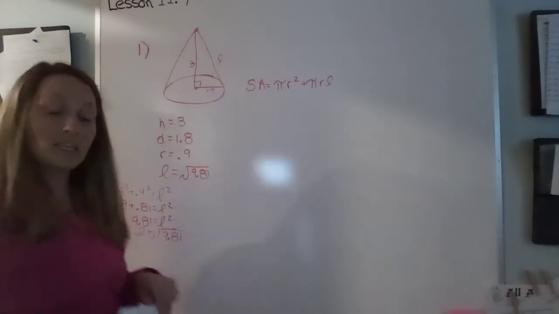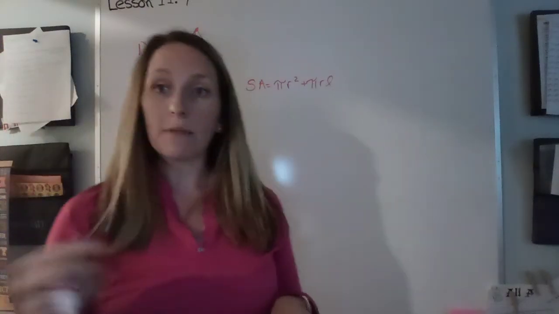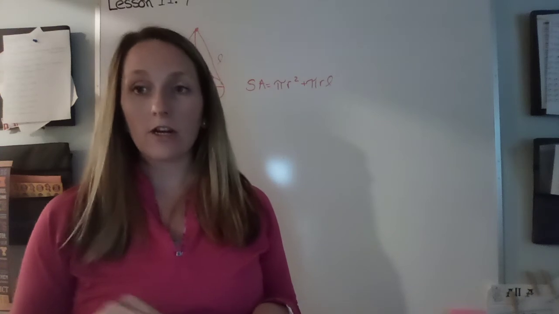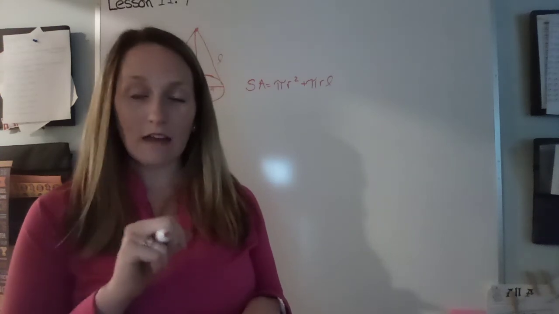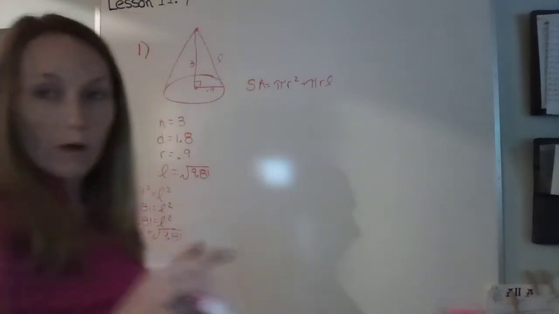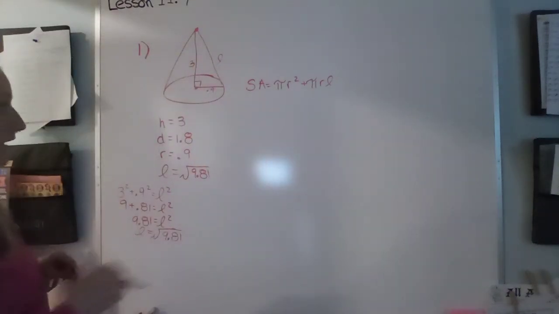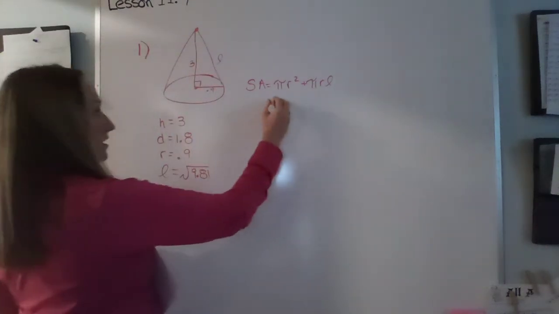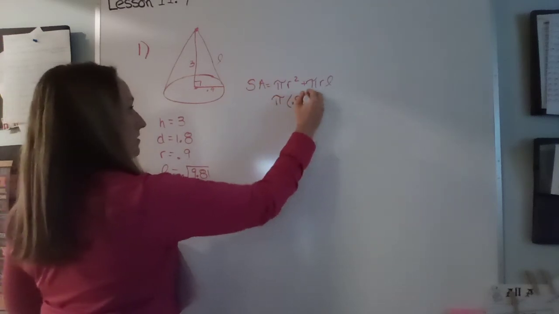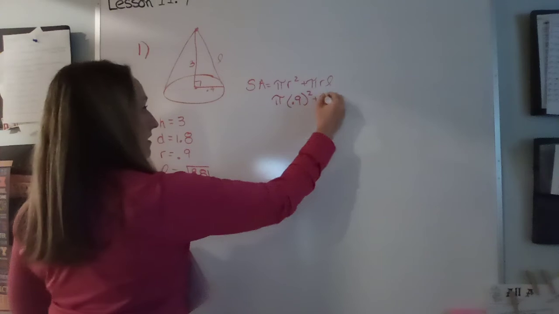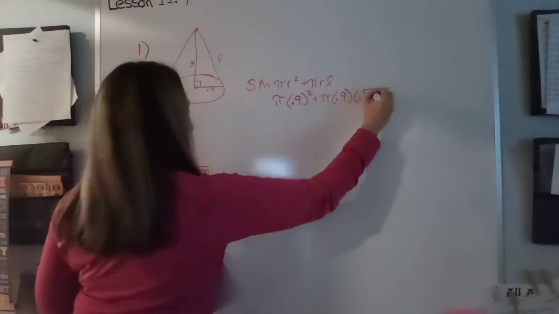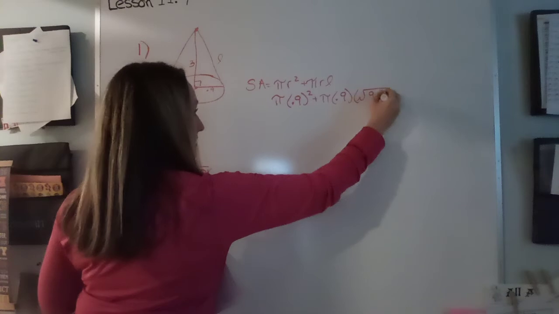If I was asking you to actually find the slant height, I'd probably say round to the nearest tenth or hundredth, and you plug that into your calculator. But since we're using that value to do another calculation, I want to use the exact value. So plugging all this information in, I have pi times 0.9 squared plus pi times 0.9 times the square root of 9.81.